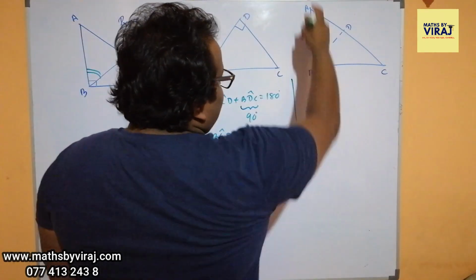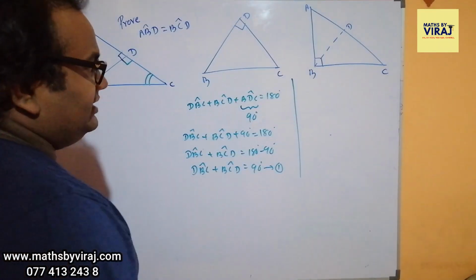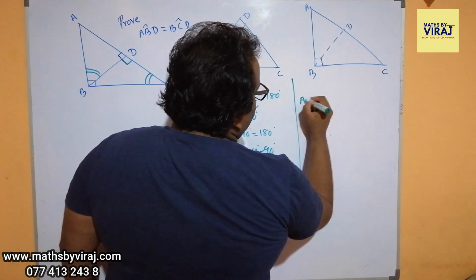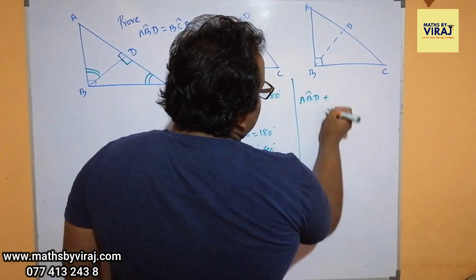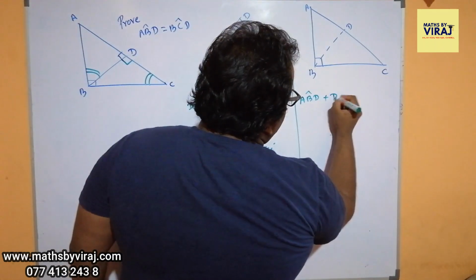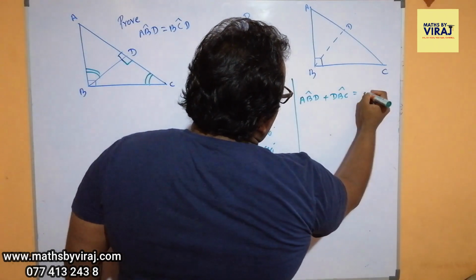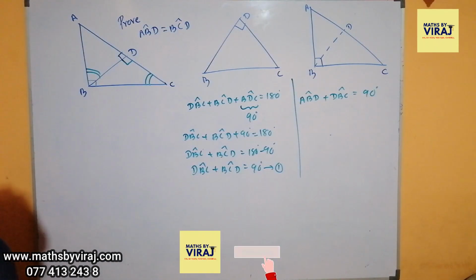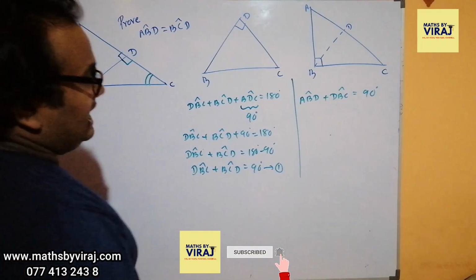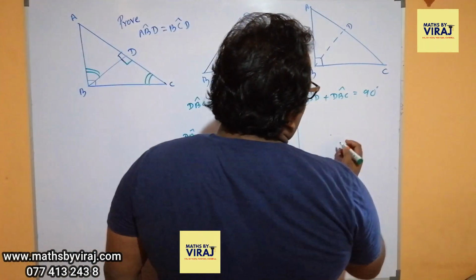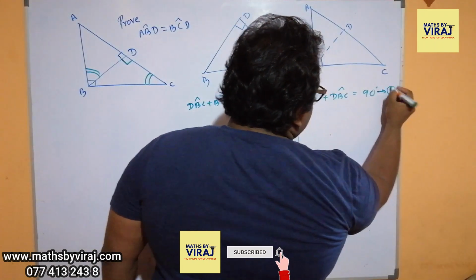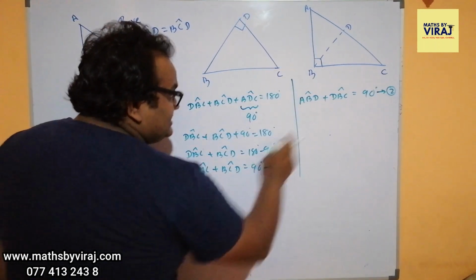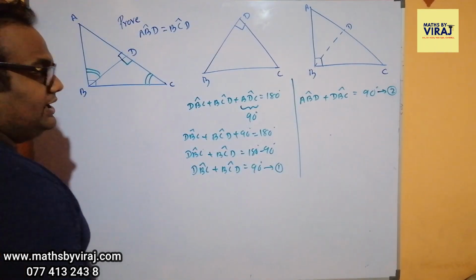If we consider triangle ABC, we can see that angle ABD plus angle DBC is equal to 90 degrees. Let this be my equation number 2. Right. Now you see that these two are equal to 90.